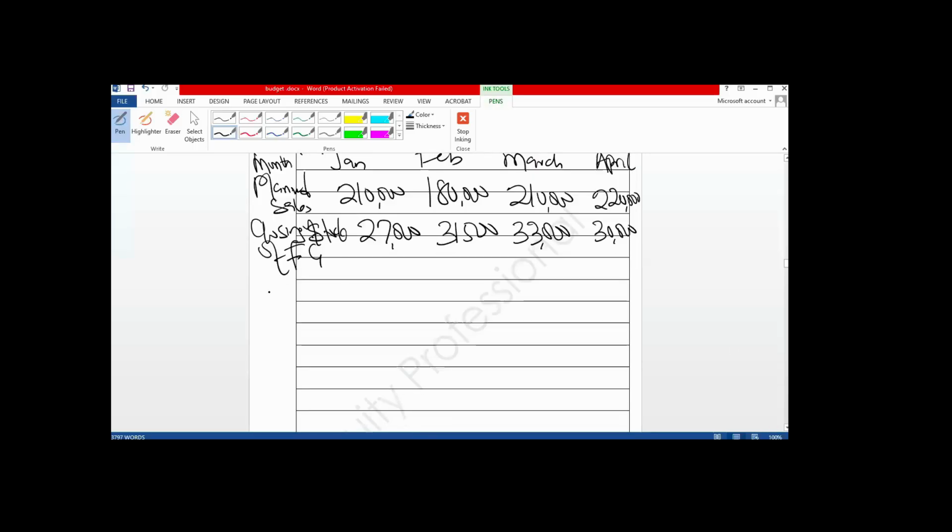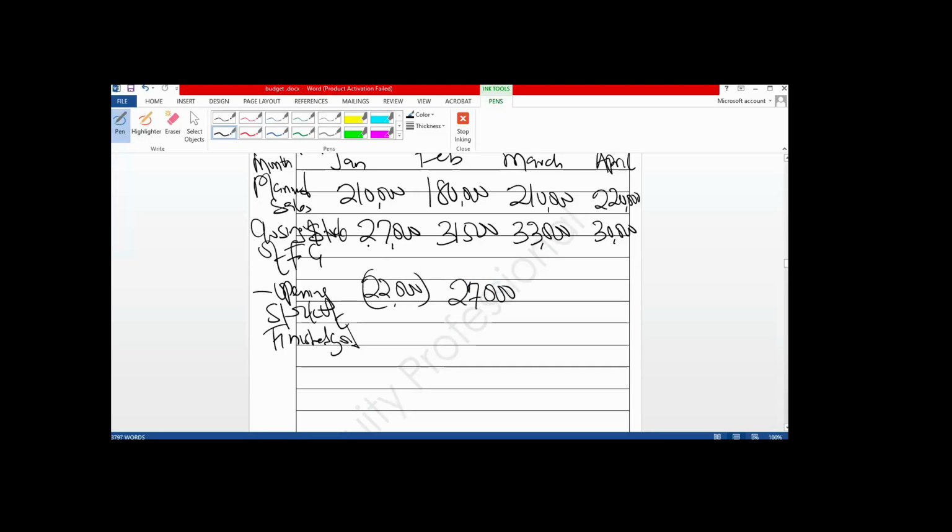Next, minus opening stock of finished goods. If you look at the question, finished goods at 1st January, 22,000 units. To get opening stock for February, closing stock for January becomes opening stock for February.